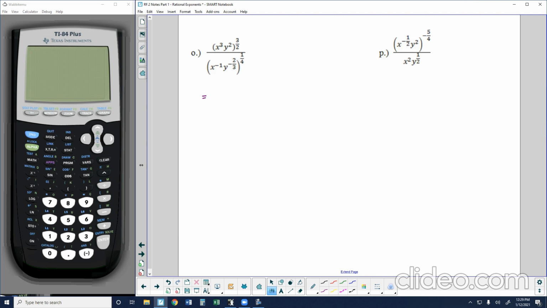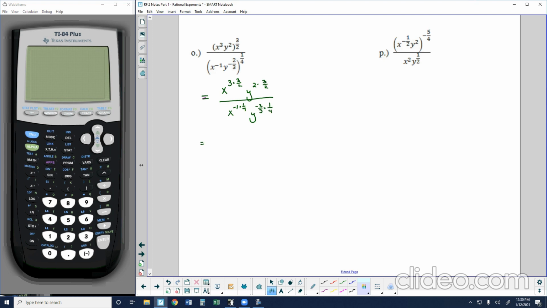So again, if I have a variable or an expression to a power, and I take that to another power, I'm going to multiply. So this would be x to the 3 times 3 halves power, y to the 2 times 3 halves power, all over x to the negative 1 times 1/4 power, y to the negative 2/3 times 1/4 power.